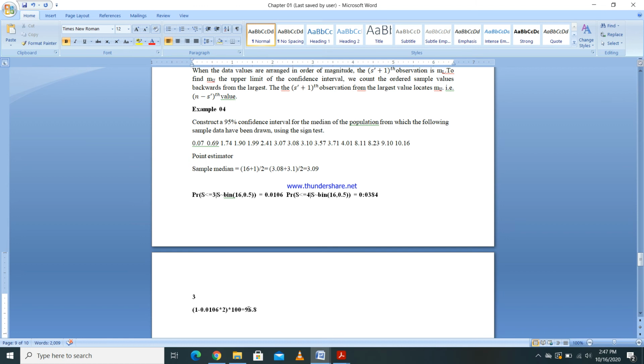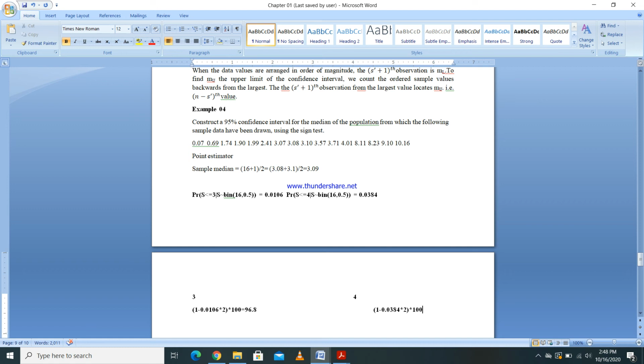Same thing if you take the S dash value as 4. Let's see what will happen. In order to calculate the confidence, you take 1 minus this probability, 0.0384, multiplied by 2, and the whole thing multiplied by 100.